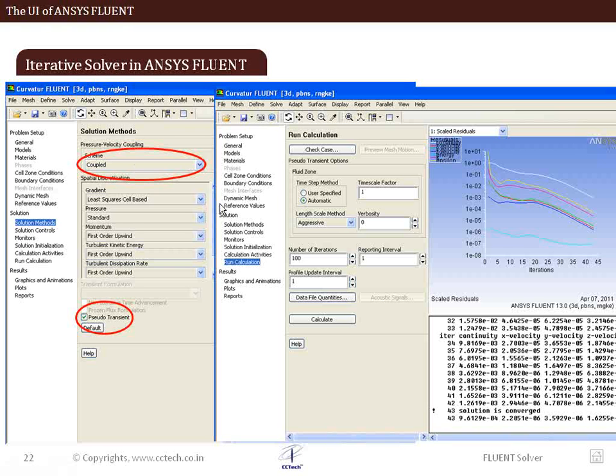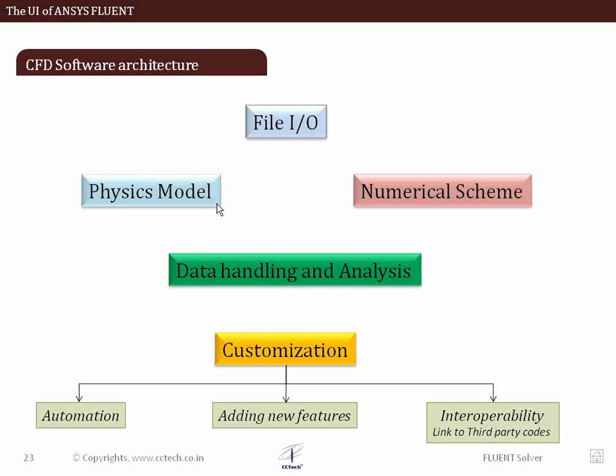It's very helpful to have a very stable solution process. So ANSYS Fluent has all the options which are currently popular in the software industry as of now, for CFD solutions.